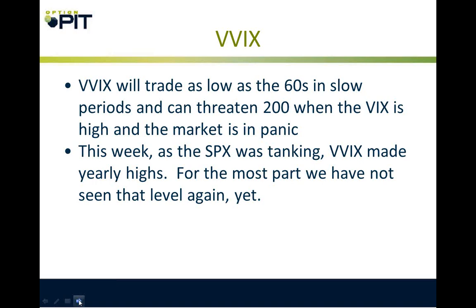All right, so VIX is making highs, VVIX is making highs. VIX oppositely correlates with the SPX. When the SPX is rising, VIX is falling, and vice versa. VVIX positively correlates with VIX, generally.